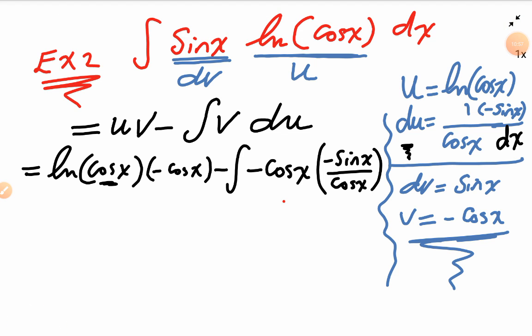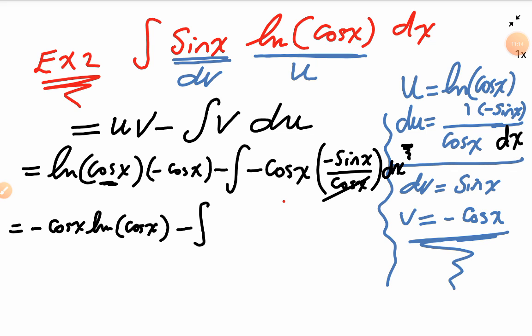Then the answer will be negative cosine x ln cosine x. We have negative, negative, negative, which is negative, still negative. And in this integral, cross out cosine with cosine, and the answer will be the integral of sine x dx.